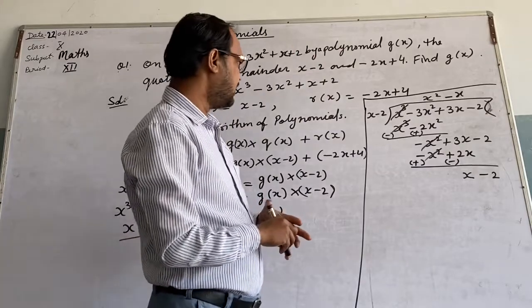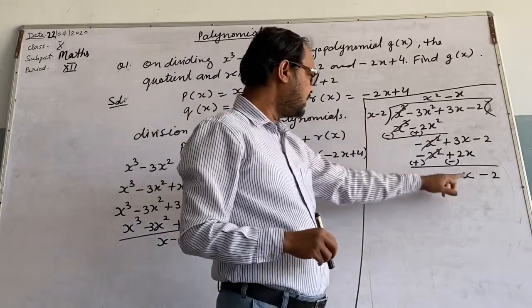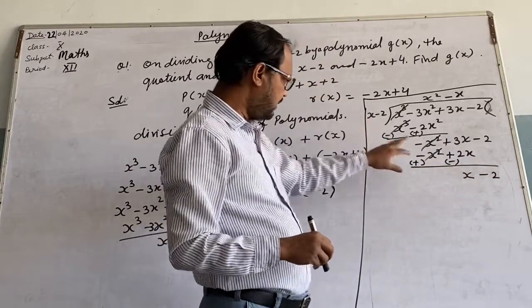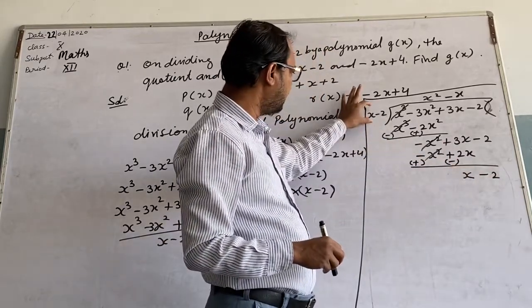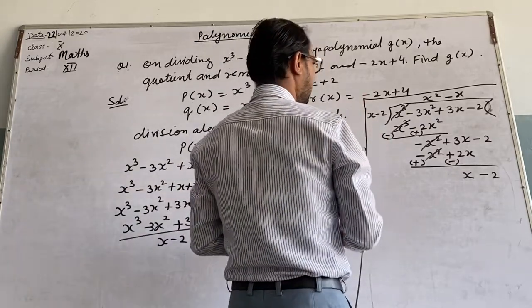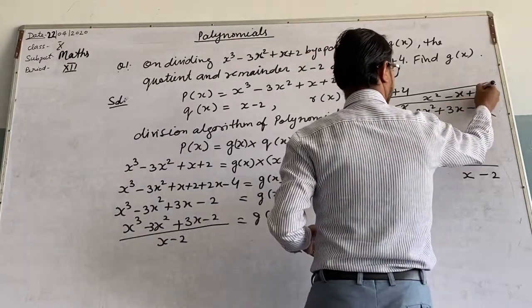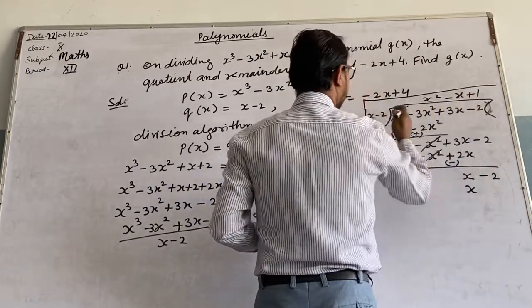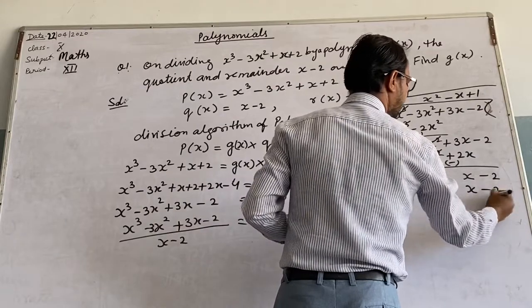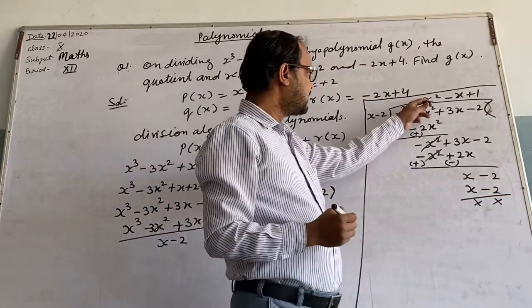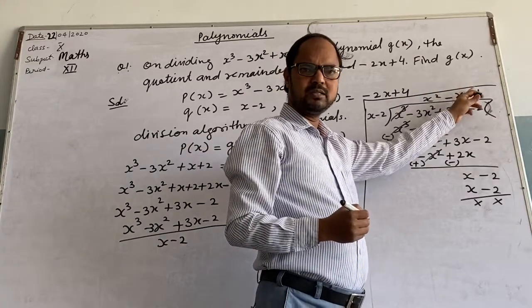Now we can see that this is x minus 2 and the divisor is also x minus 2. But the degree of the remainder and the degree of the divisor are the same. So we can take nothing but 1. 1 into x means x. 1 into minus 2 means minus 2. The remainder becomes 0. So the quotient is x square minus x plus 1.